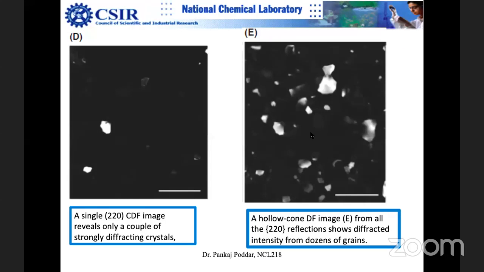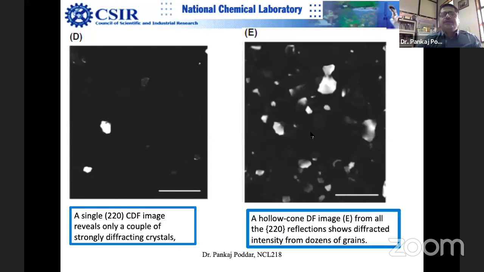Dark field. Then when you do the offline analysis, you will know, oh yes, I selected these dots, now these are the planes. These are the nanocrystalline grains which are grown in that particular direction.